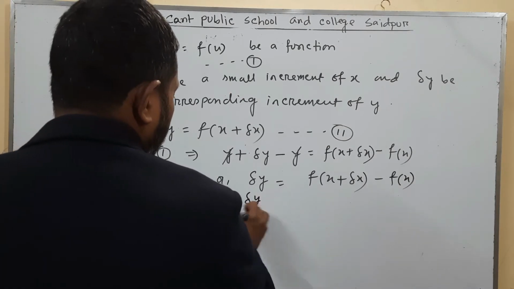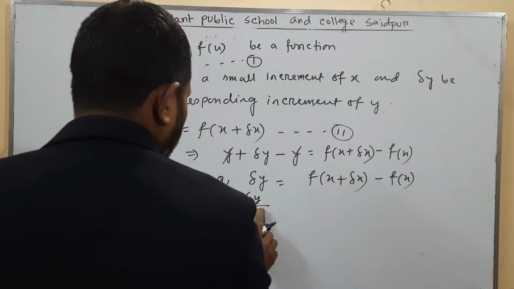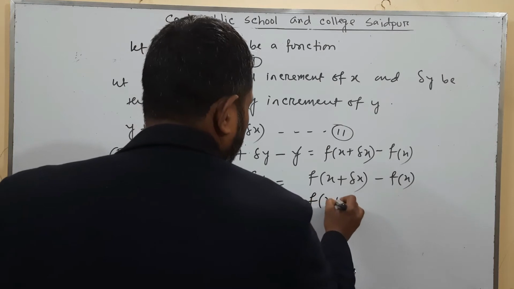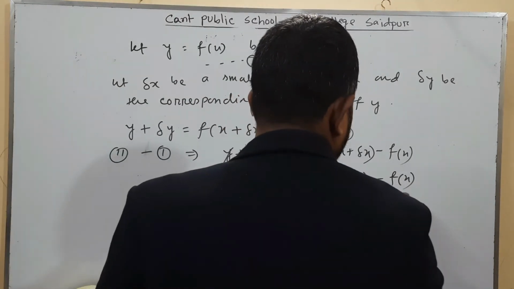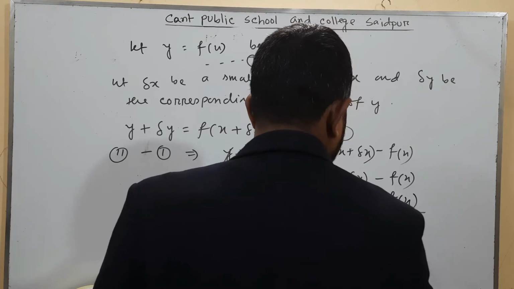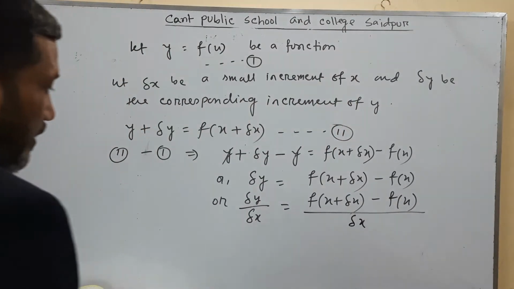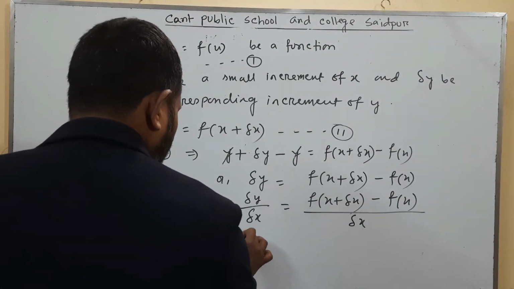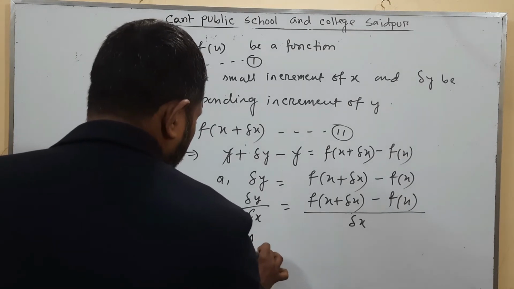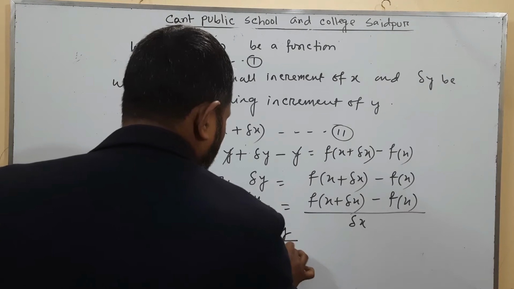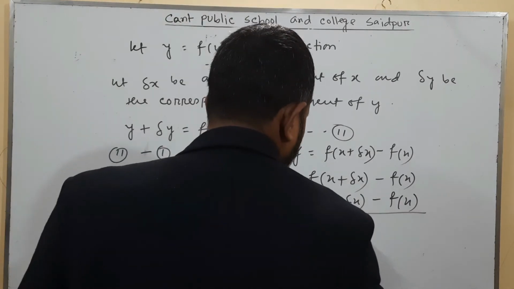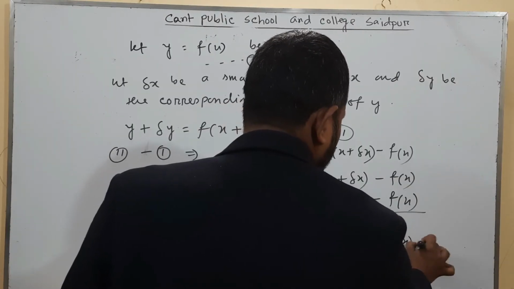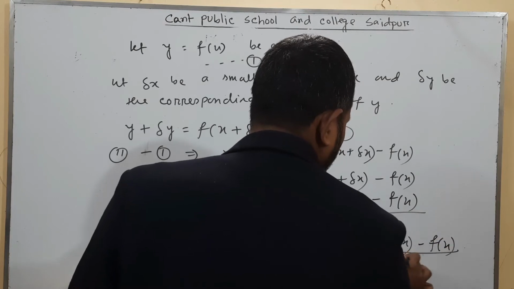Dividing both sides by del x, taking limit del x tends to 0 on both sides, limit del x tends to 0, f of x plus del x minus f of x by del x.